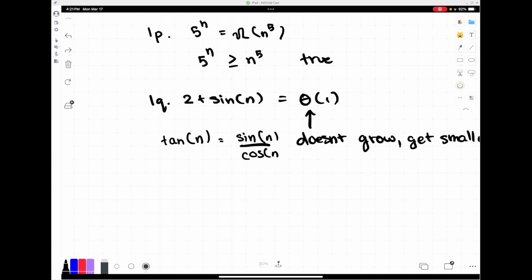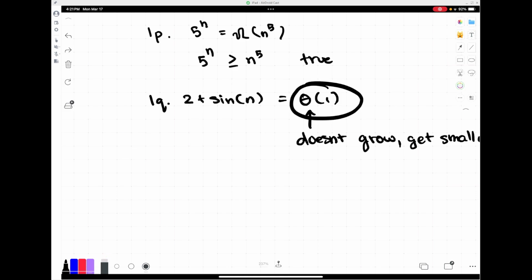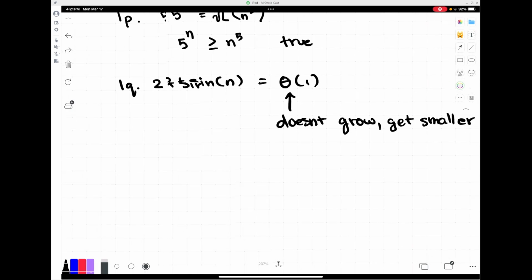And if cosine were to get too close to 0, tangent could explode to either infinity or negative infinity. So tangent would just never work, but sine and cosine will always be true for that. So in this case, it's true.